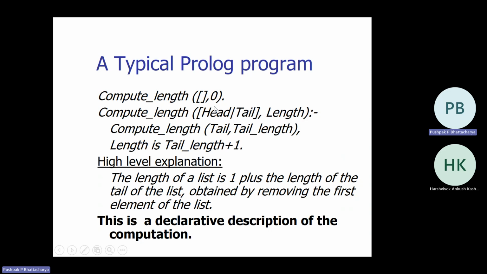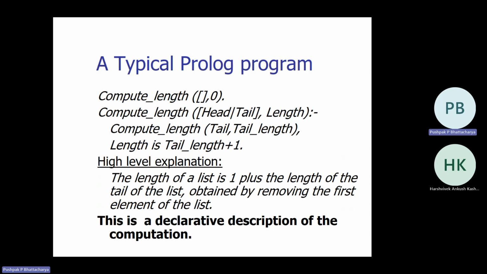A square bracket is required. Head gives you the first element of the list, and tail gives a sublist. The type of tail is list, and head is an element. So if you have 1, 2, 3, then head gets bound to 1, and tail gets bound to 2 and 3 in the form of a list.